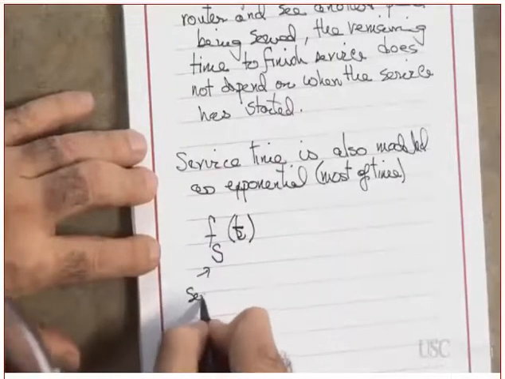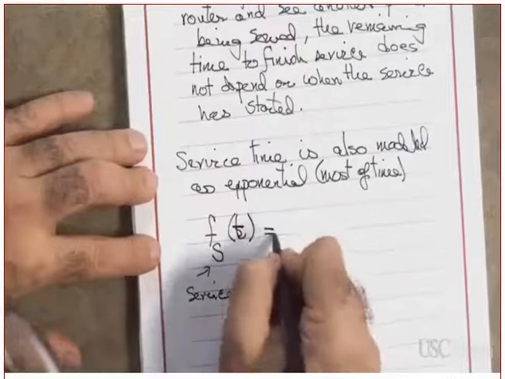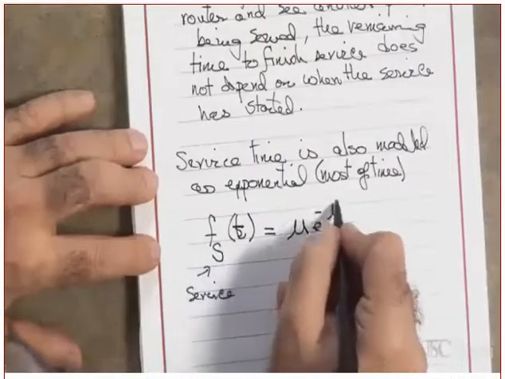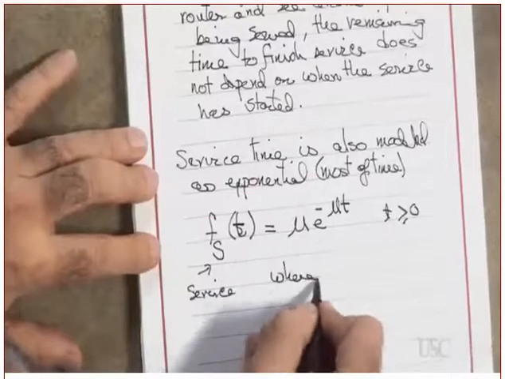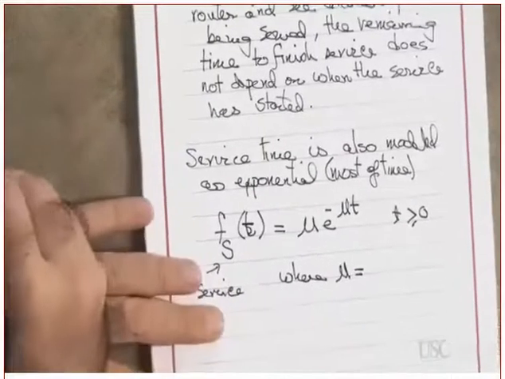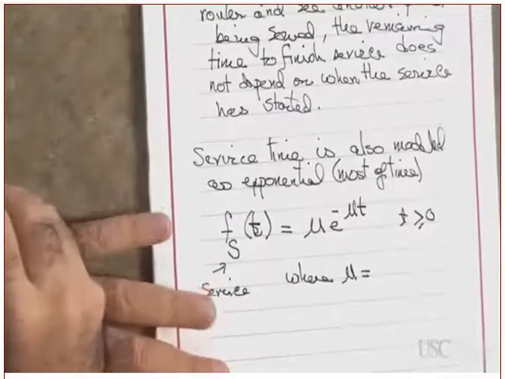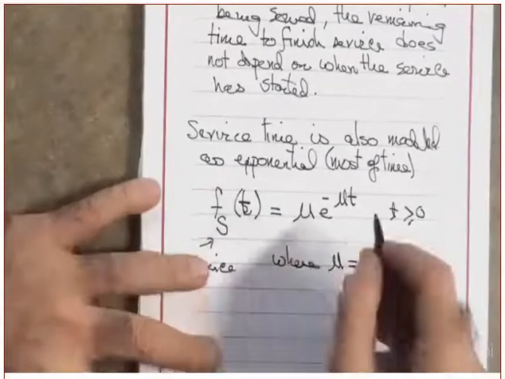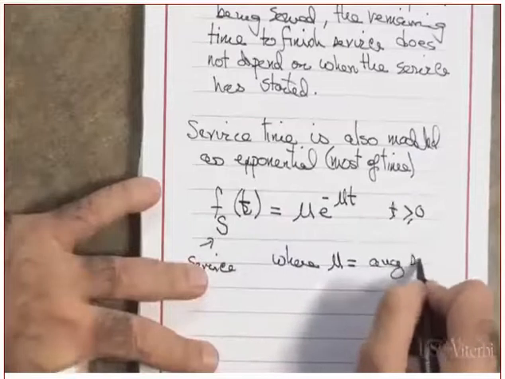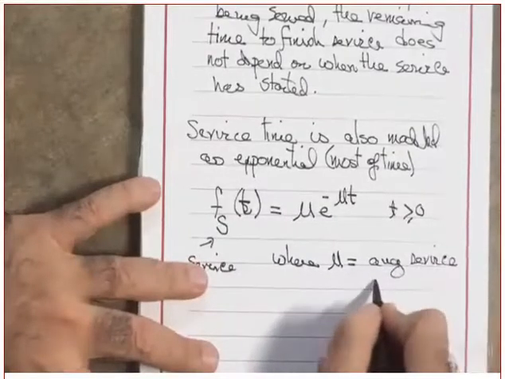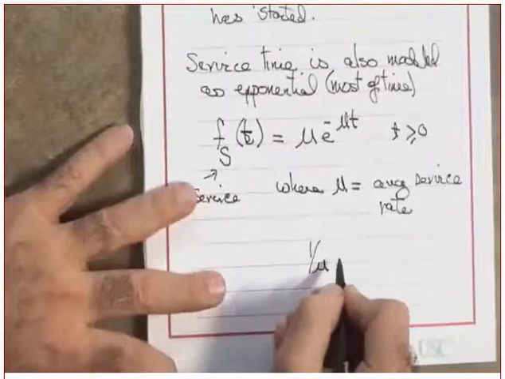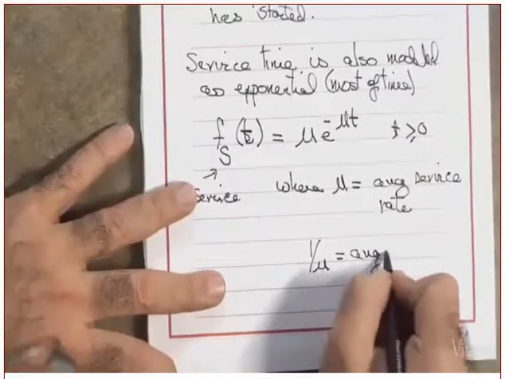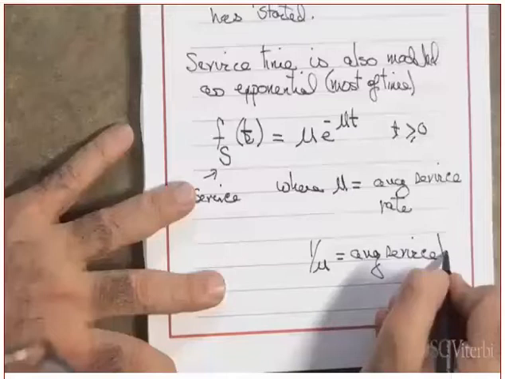S stands for service: f S of t equals mu e to the minus mu t, for t greater than or equal to 0, where mu is the average service rate. 1 over mu is the average service time.